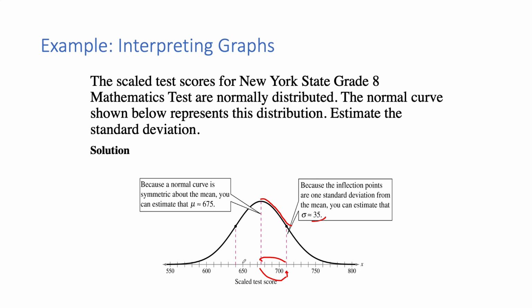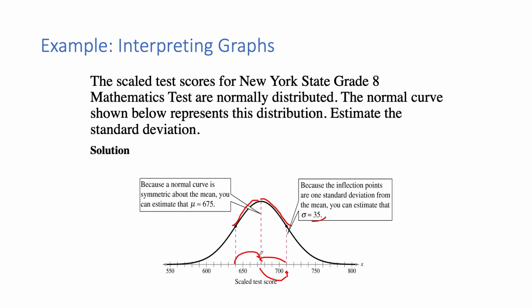I could do the same on the left tail. Starting from the mean, I see where the curve changes direction. It seems like right about there. If this is my inflection point on the left, it's at 640. The mean is at 675, so the difference again tells me the standard deviation is about 35.